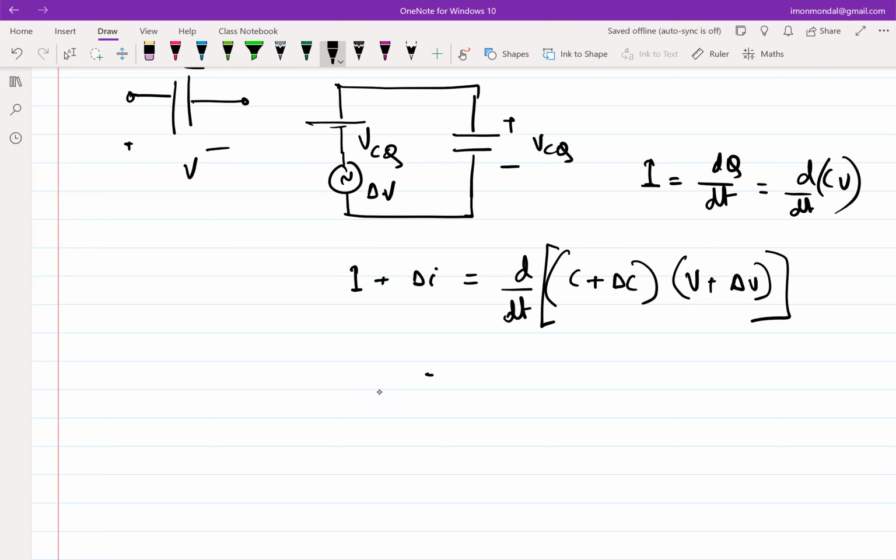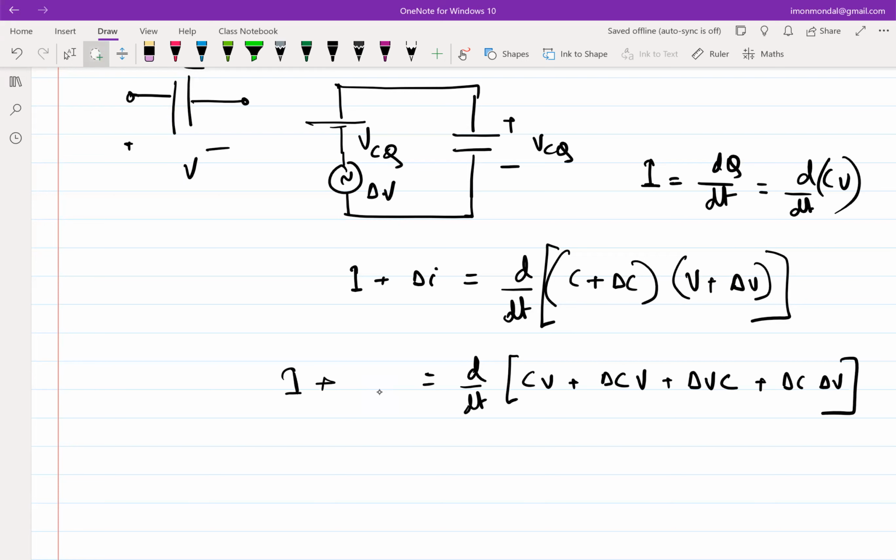So if I break it down, this becomes, again the same. So this term and this term go because they are the same.